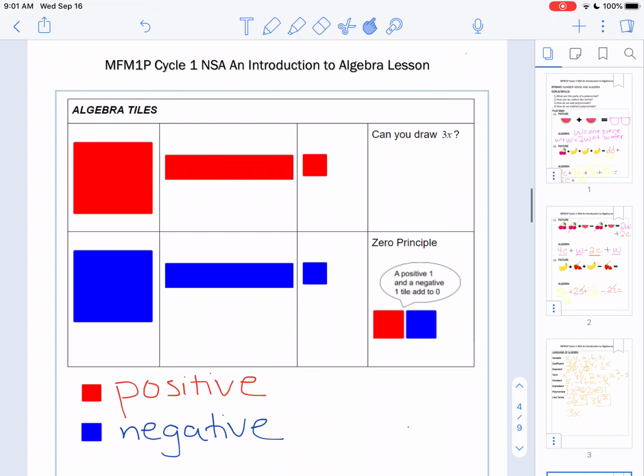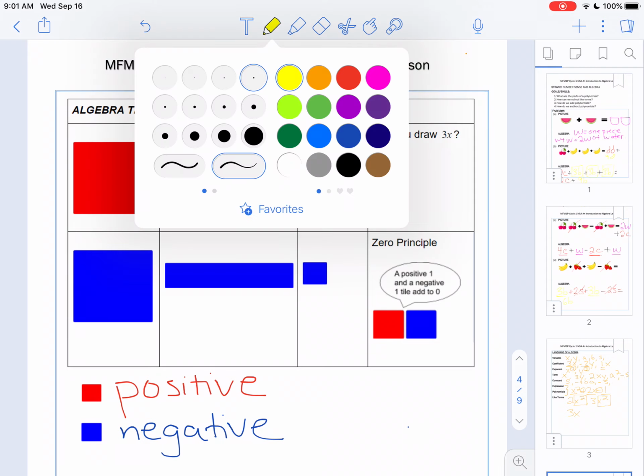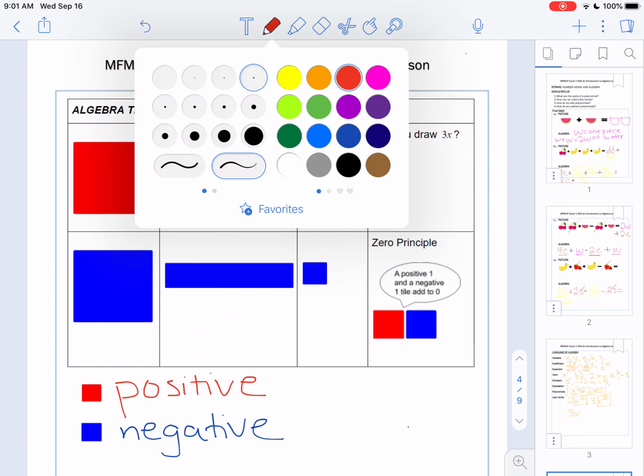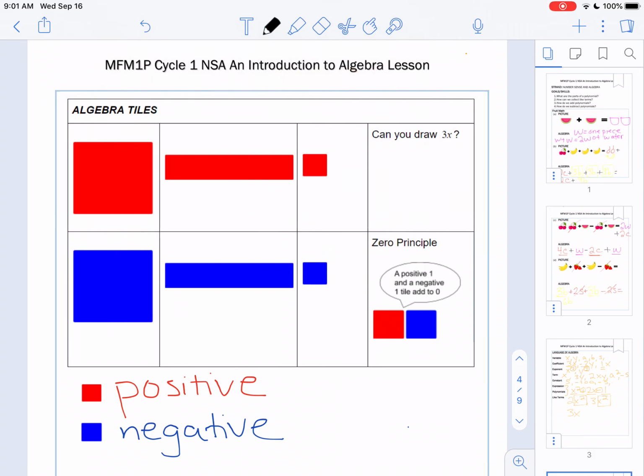We can use algebra tiles to represent terms as well. So we need to pick a color to represent positive and a color to represent negative. I usually do positive is red and blue is negative. So hot for red and blue is cold. So we are going to look at the big square is called x squared because it has a length of x and a width of x.